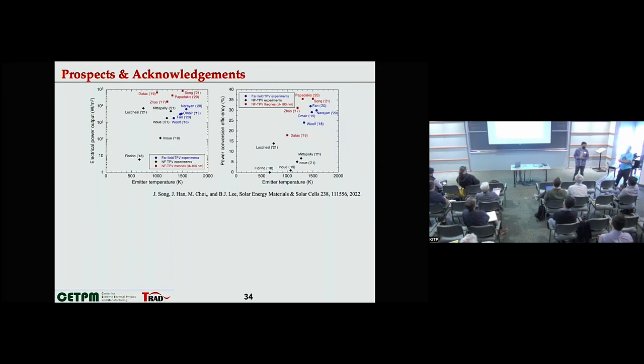If we do a comparison at a given temperature, I don't think near field is performing much more poorly than far field. Yeah, so the challenge for us is to get to very high temperatures. The temperature of the emitter is one point, as you mentioned. Another point is the front contact: to maintain the small gap, the front contact should be thin, and that will increase the resistance, so resistance loss plays a very important role.